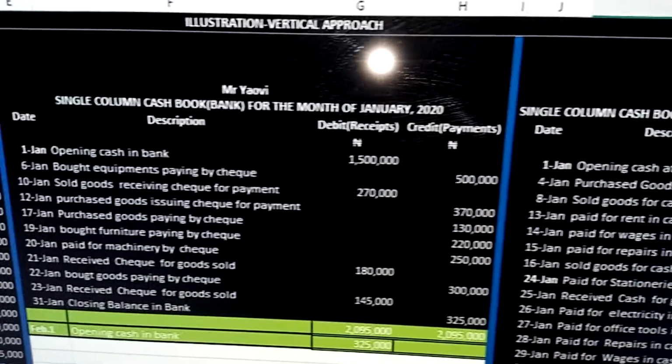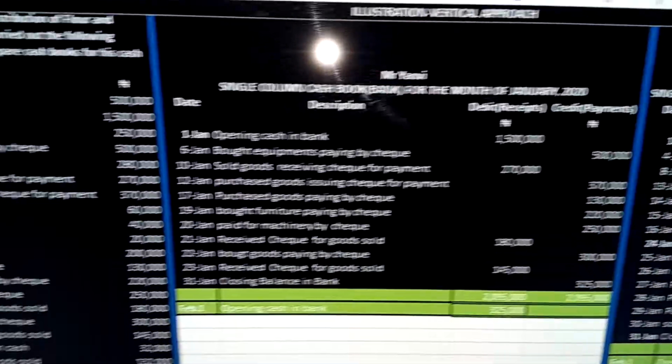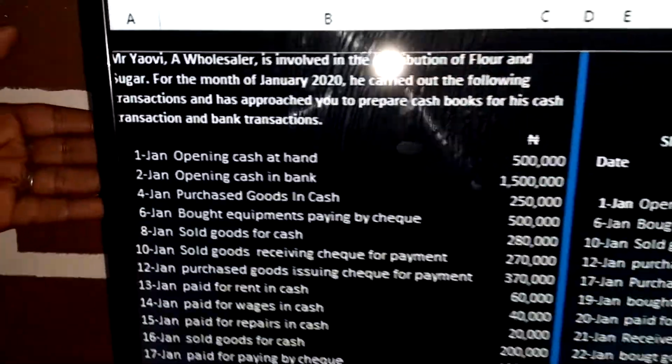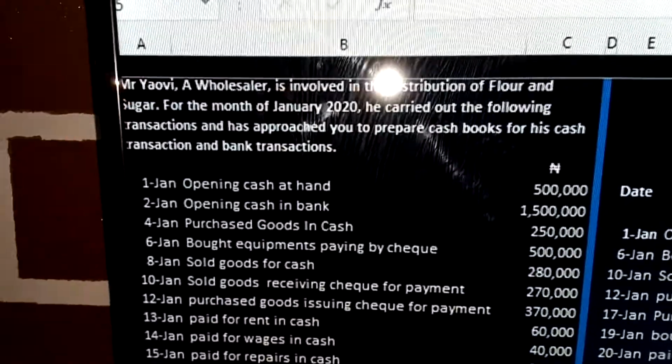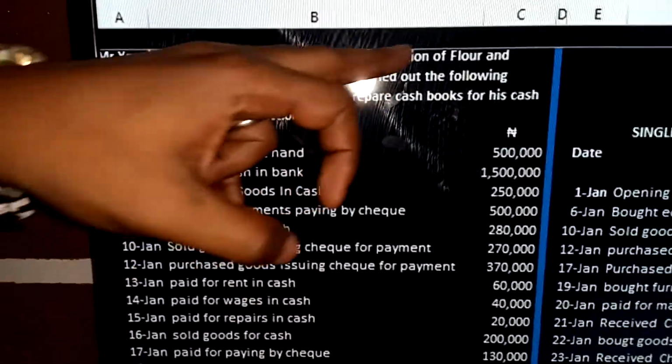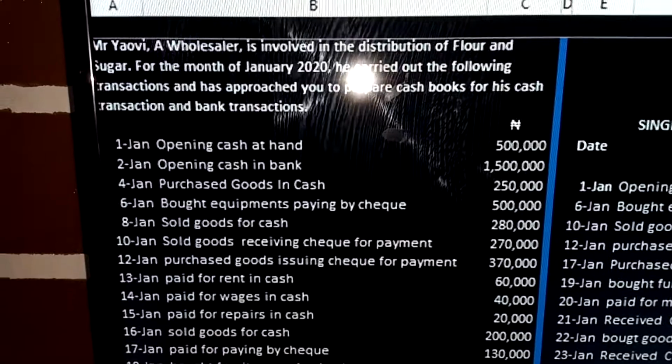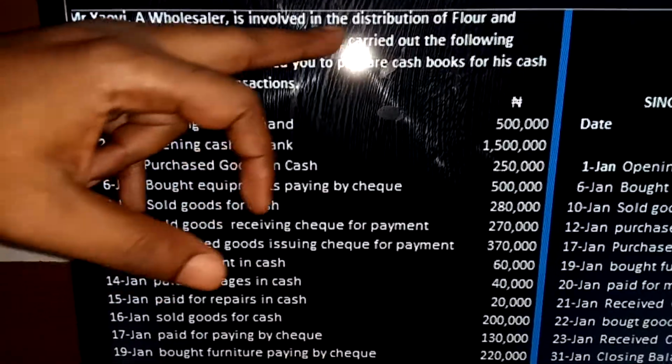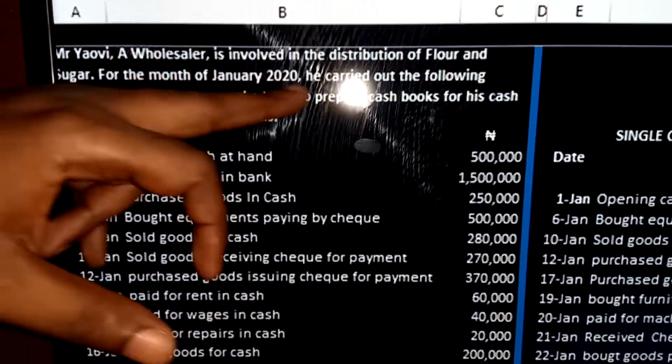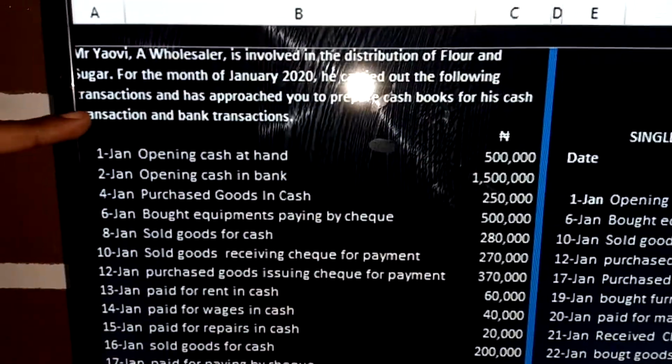So we are going to be looking at these questions. We are still using Mr. Yauvi, a wholesaler, involved in the distribution of what? Flour and sugar. Now, for the month of January 2020, he carried out the following transactions and approached to prepare cash book for his cash transactions and bank transactions.